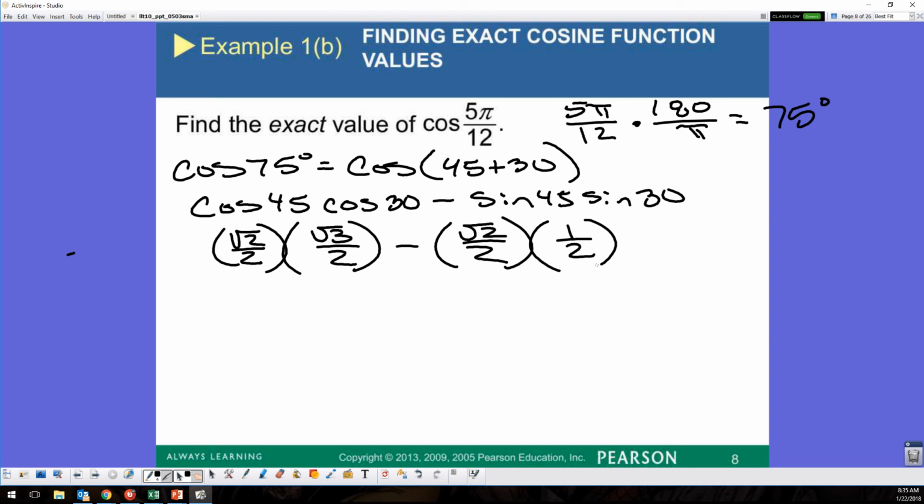Multiply fractions straight across, so I'm going to have rad 6 over 4 minus rad 2 over 4. They already have a common denominator, so I can combine those. So it's going to be rad 6 minus rad 2 over 4.